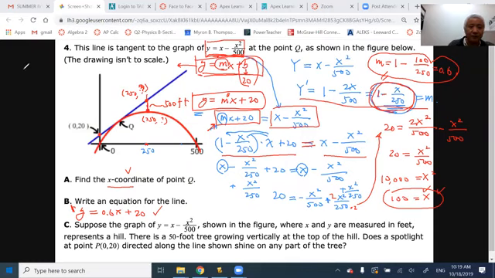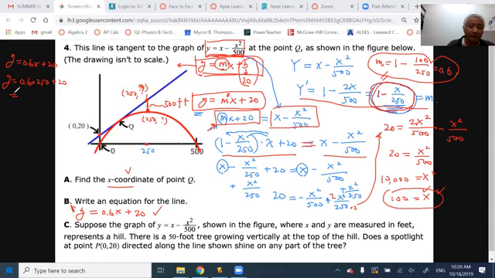We got the equation there: y equals 0.6x plus 20, right? And x equals 250. So let's calculate this now. We get 0.6 times 250 plus 20.